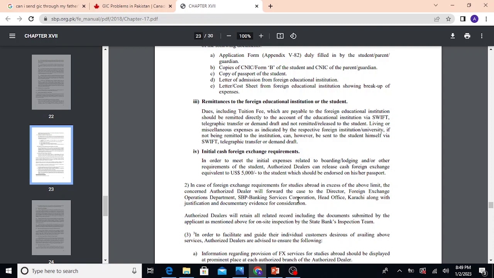And also one more important thing, in the form that you're going to fill out, that is the remittance form, there's a specific name for it. I don't remember it right now, but I'm going to share with you in the description of the channel. So that form, when you're filling it out, there's going to be a column that you need to provide your Canadian address. Now, since you don't have a Canadian address in Canada right now because you're sitting in Pakistan, so you would be providing a local address. Now, what happened was that when I was filling out the form, when I filled in the local address, they said that no, you need a Canadian address.